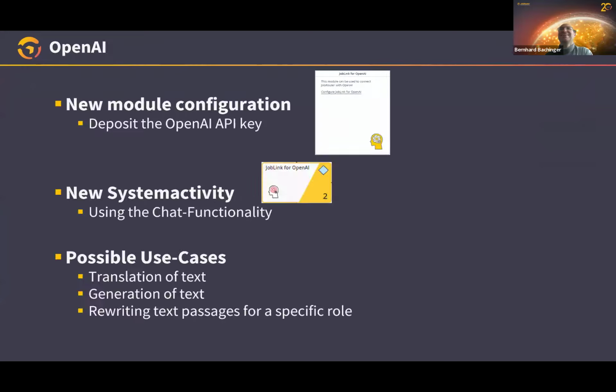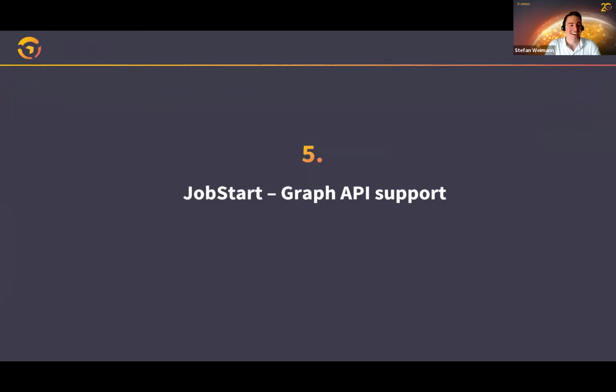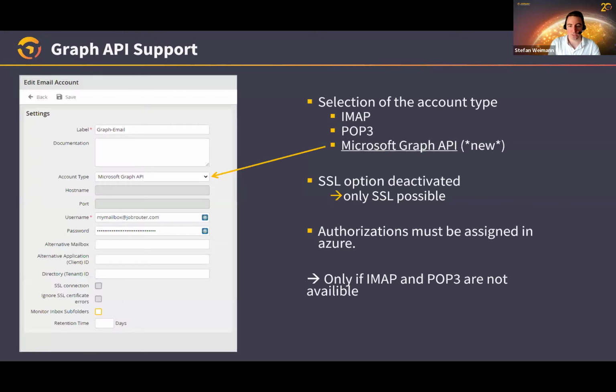All right. I have another update coming up for our existing module JobStart. We added Graph API support for mailboxes, for inboxes. You're already familiar with the account types IMAP or POP3, which are the preferred way to use email accounts.